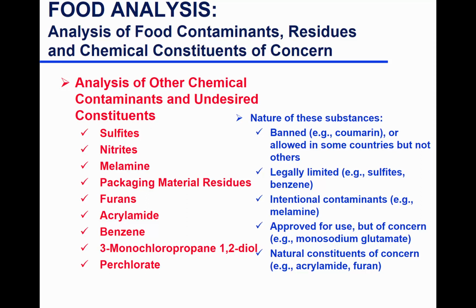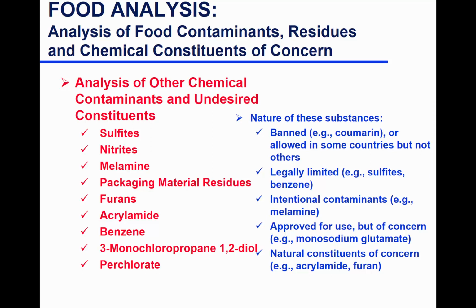So it can form, but there are legal limits for that. Furans and acrylamide can form during processing. Sulfites can be added or naturally present, like in wine. Nitrites and nitrates are added for preservation and for curing meat. Melamine is an adulterant, and the rest we'll talk about as well.